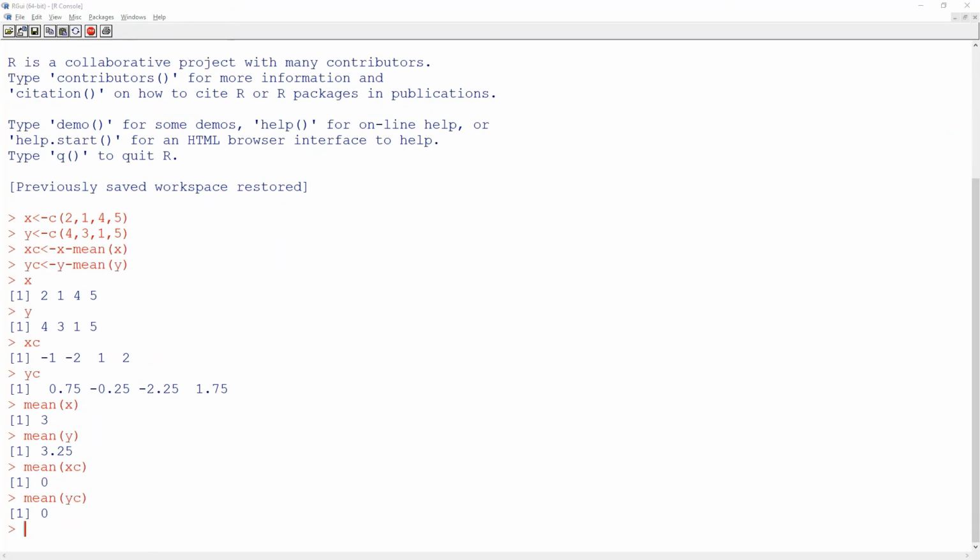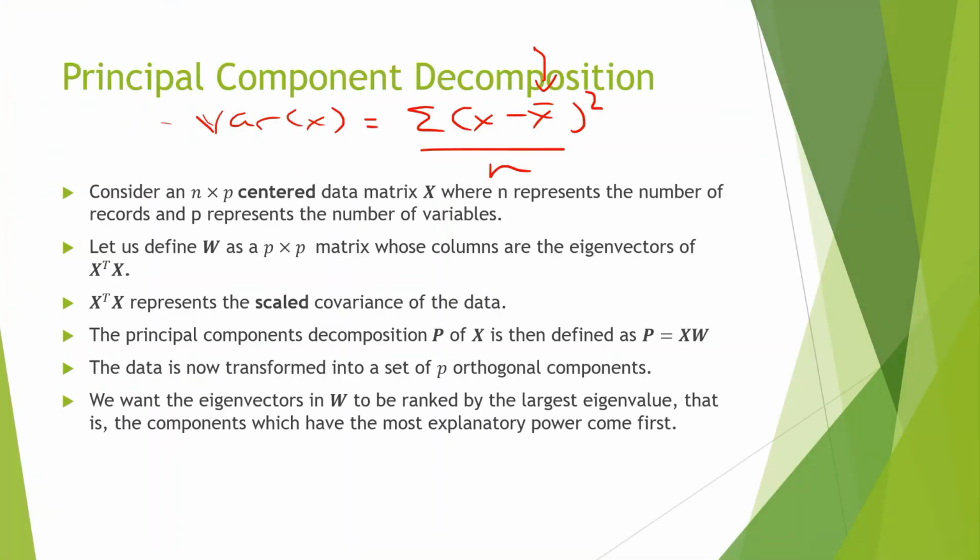So in the end, if you figure it out for a moment, what's going to happen is that you have a new formula for the variance, which is the sum of x squared. Normally, it's not x, it's going to be something else, xc for us.